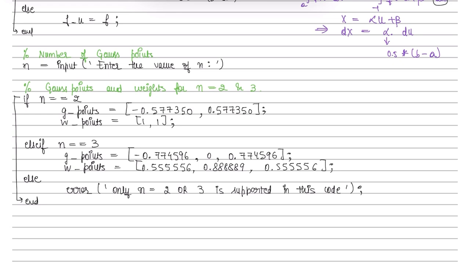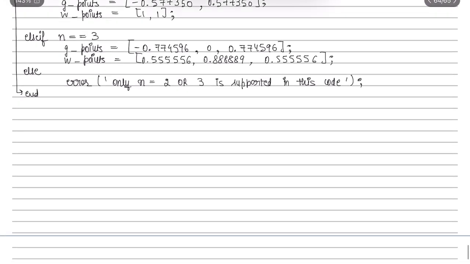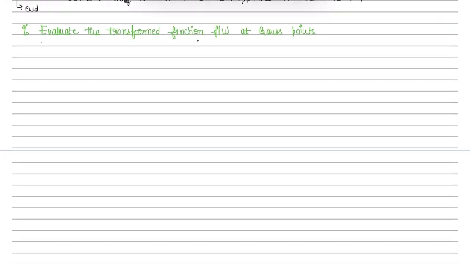Then we evaluate the transformed function f of u at the Gauss points using f underscore mapping variable to store the evaluated points at Gauss points of function f underscore u.